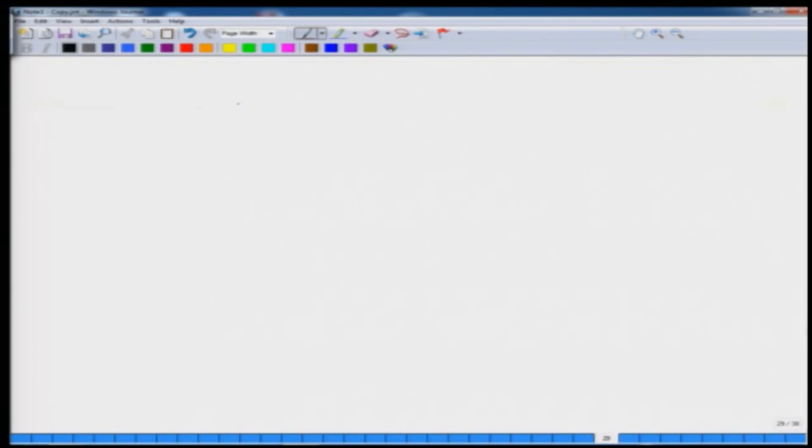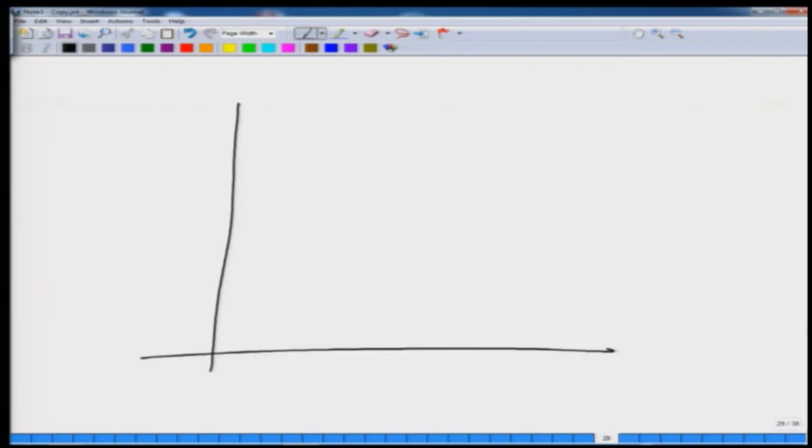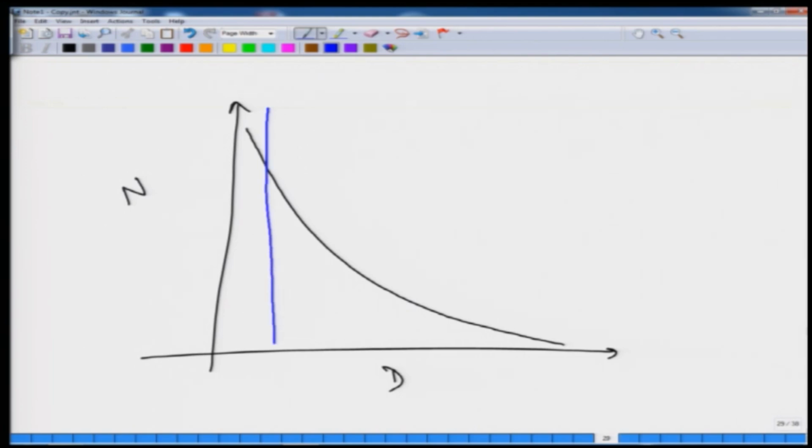At the same time, we have seen in the case of a natural forest that if we plot the ND curve, the number versus diameter, we get a curve like this. Now, what this means is that in the case of plants with very less diameter, so this is x centimeter, the number of plants is very large.